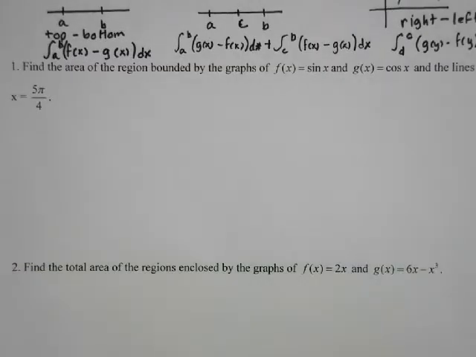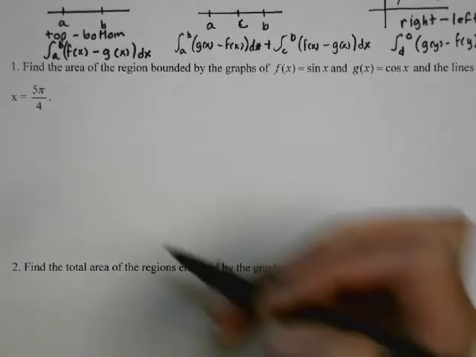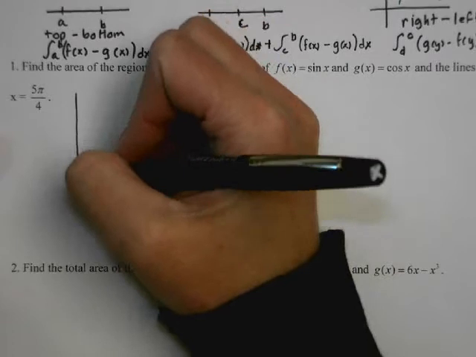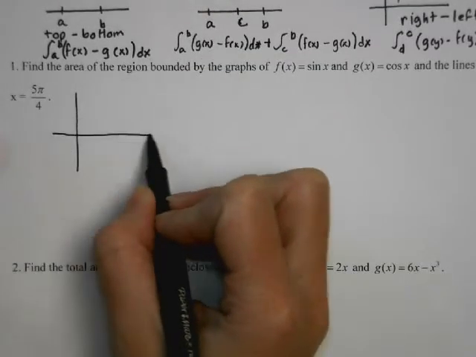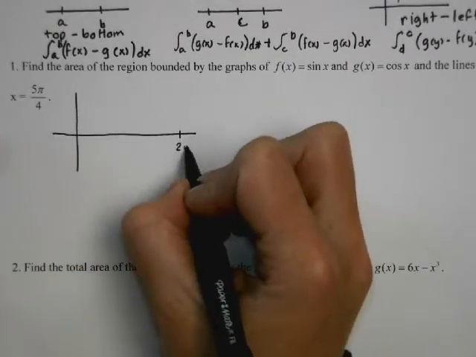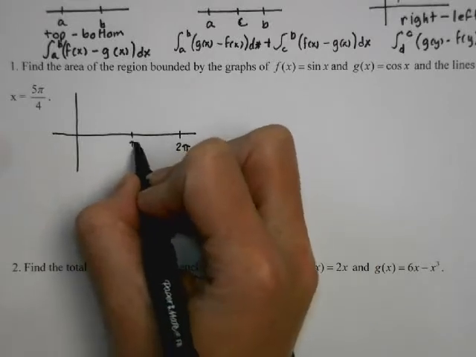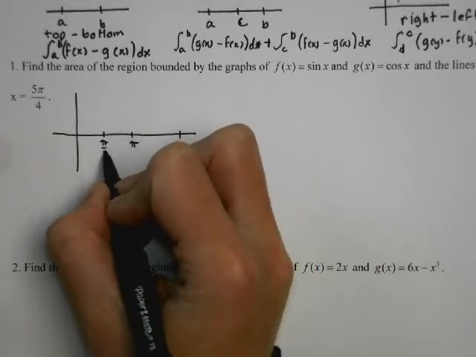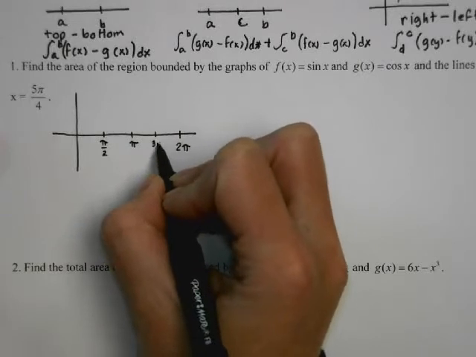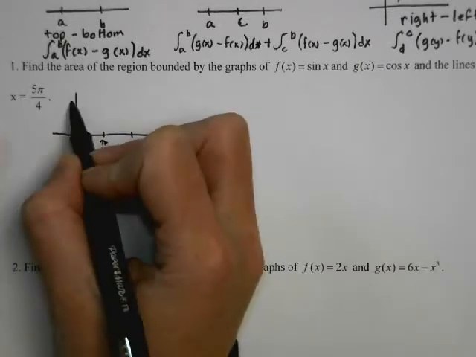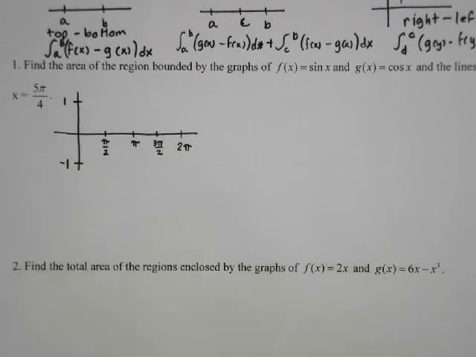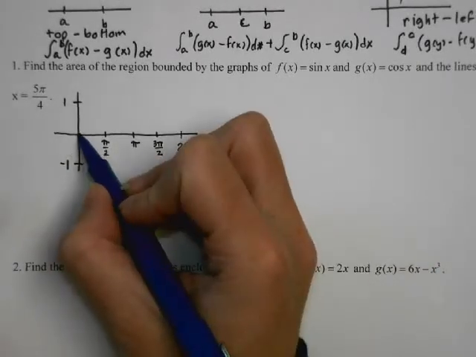Okay, so we're going to find the area of the region bound by the graphs of f of x equals sine of x and cosine of x, and the lines x equals pi over 2 and x equals 5 pi over 4. So let's go ahead and graph. Okay, so we'll go ahead and graph a sine.